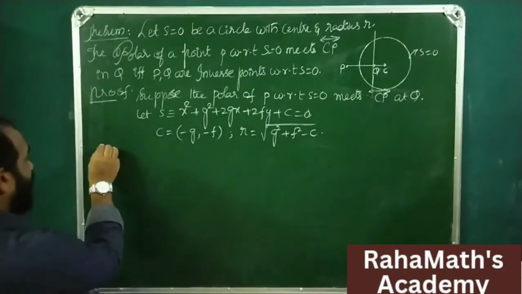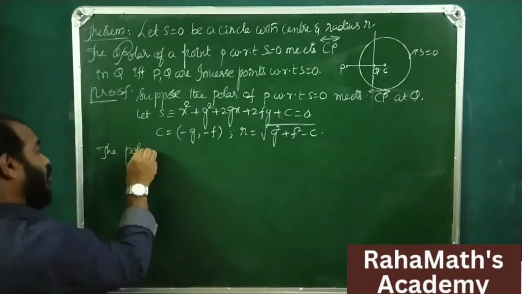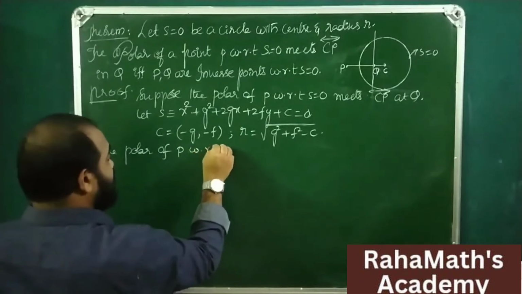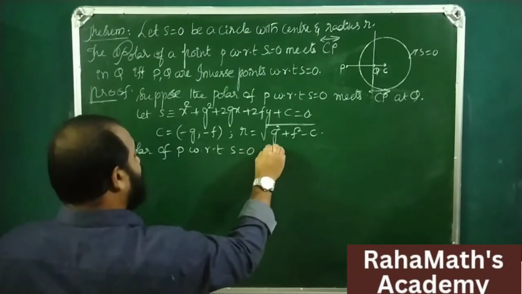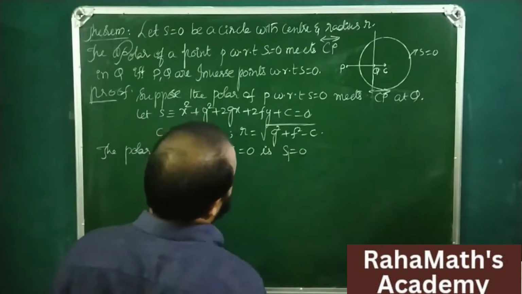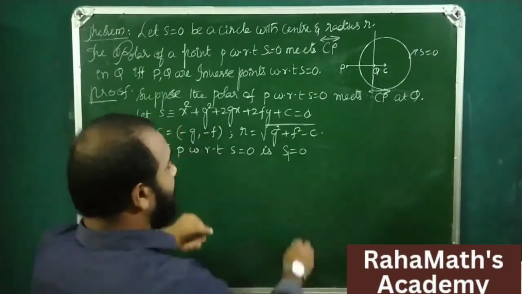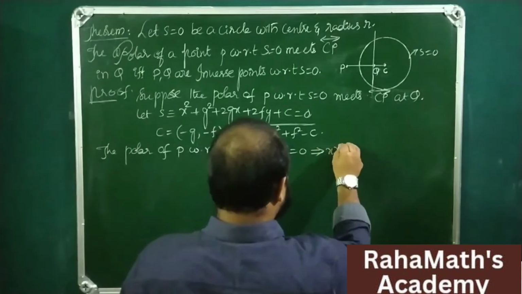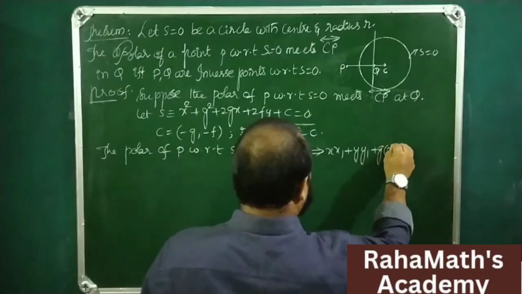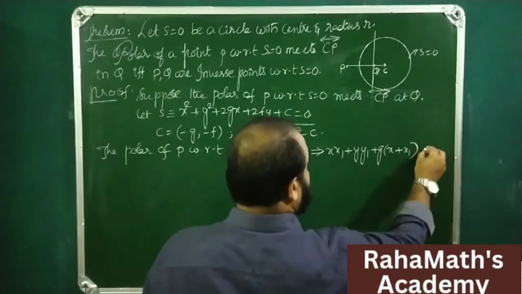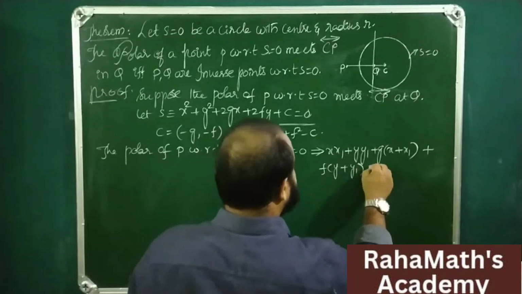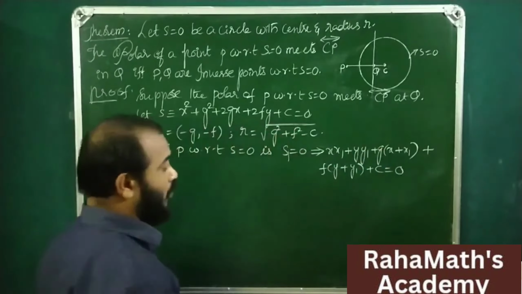So the polar of P with respect to the circle S = 0 is S1 = 0. What is S1 = 0 for this? x x1 plus y y1 plus g into (x plus x1) plus f into (y plus y1) plus c equals to 0.